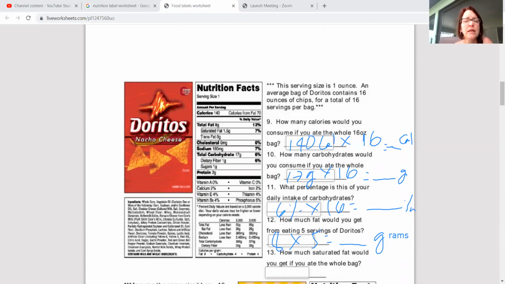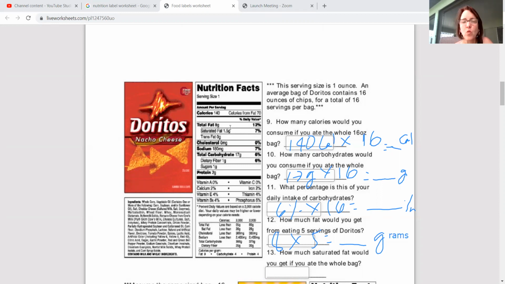And how much saturated fat would you get if you eat the whole bag? You read, and you will see that the nutrition panel, together with telling you total fat, also tells you information about saturated and trans fat. Saturated fat says 1.5 grams in one serving.